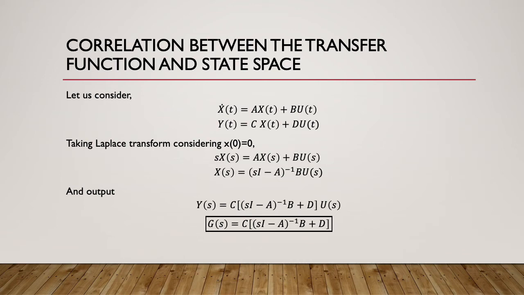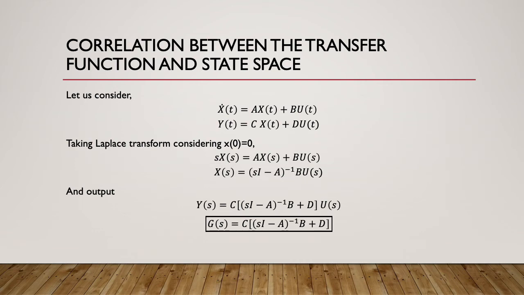If we solve this equation, we will have X(s) equals (sI minus A) inverse, where I is the identity matrix since we are dealing with matrices here, times B U(s), where B is the input matrix and U is the input of the system.